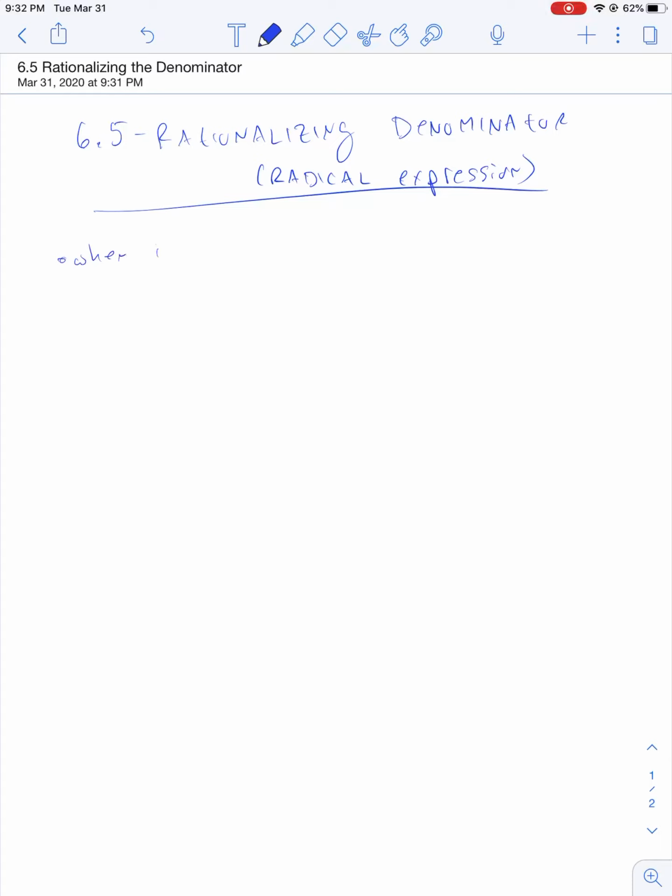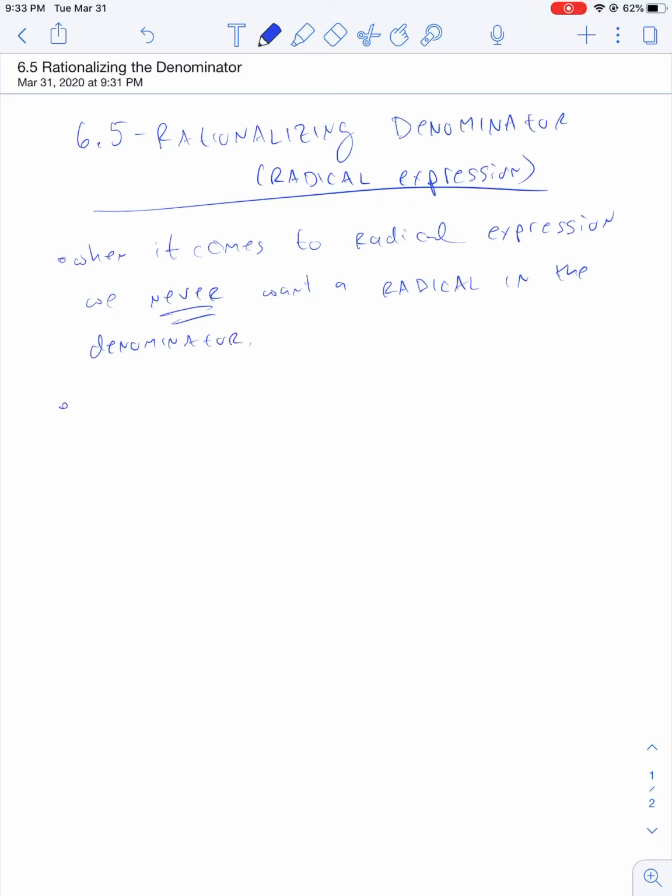So when it comes to radical expressions, we never want a radical in the denominator, right?